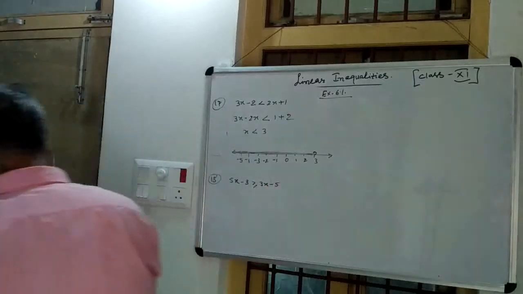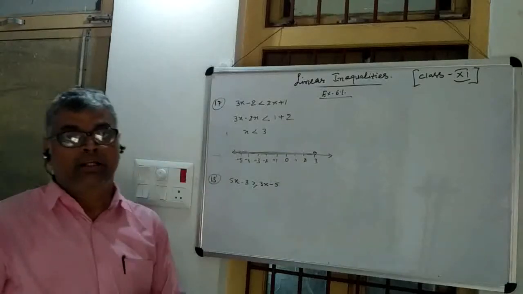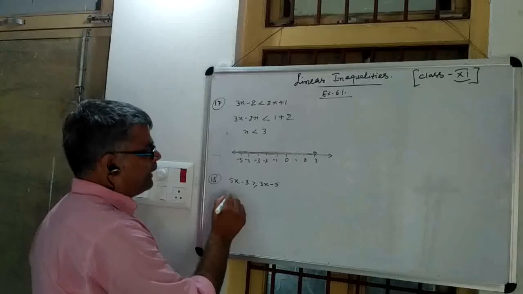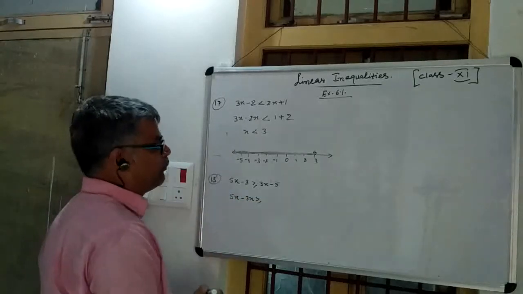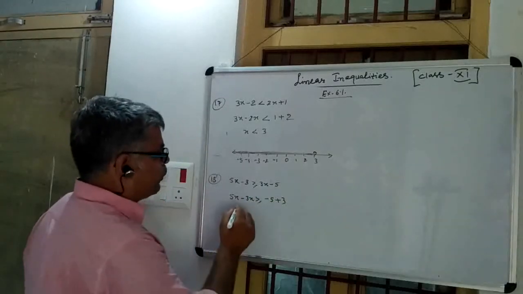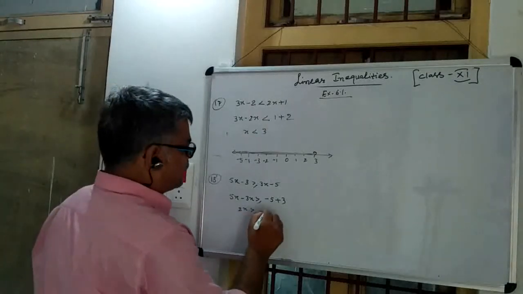This is the inequality whose solution we show graphically on the number line. So first you transpose the variables, that is 5x minus 3x ≥ minus 5 plus 3. So it will become 2x ≥ minus 2.